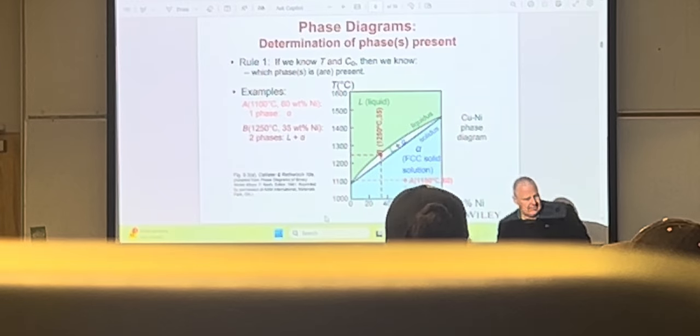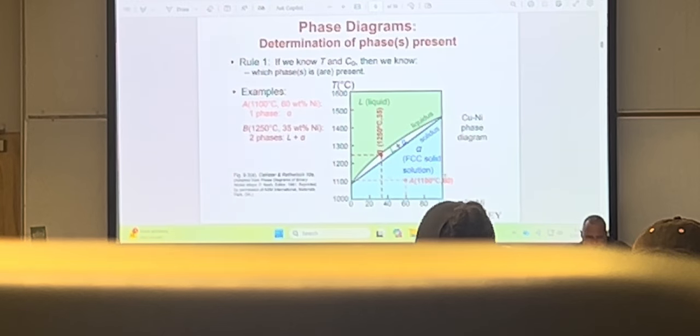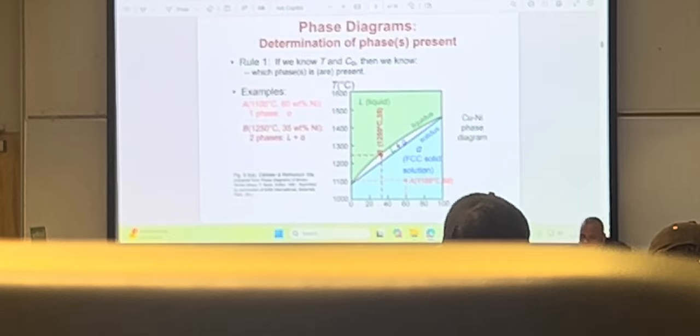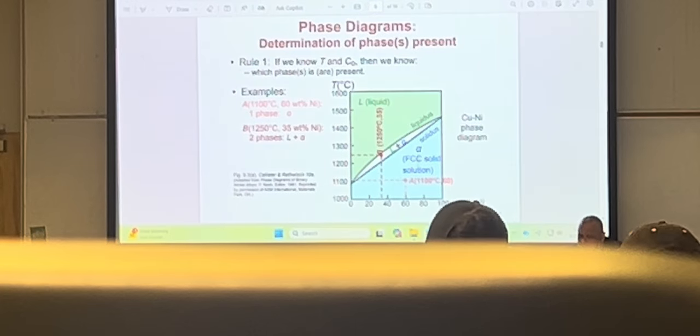At 1,000 and 1,100 degrees C, here, how many phases do we have for 60% nickel? How many phases are here in this blue region?